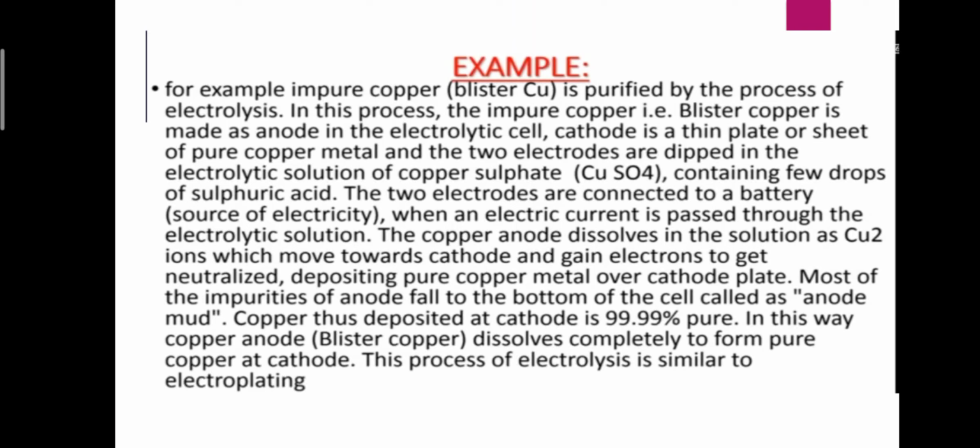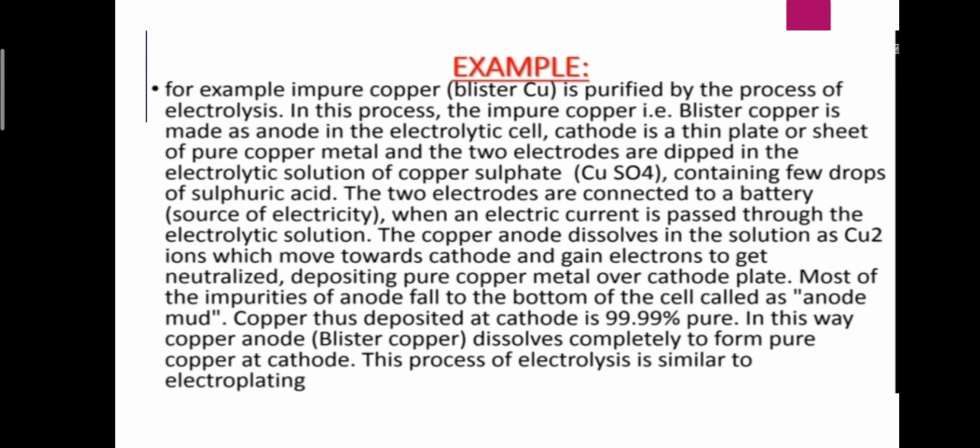Cathode is a thin plate or sheet of pure copper metal, and the two electrodes are dipped in the electrolytic solution of copper sulfate containing few drops of sulfuric acid. The two electrodes are connected to a battery, that is source of electricity.